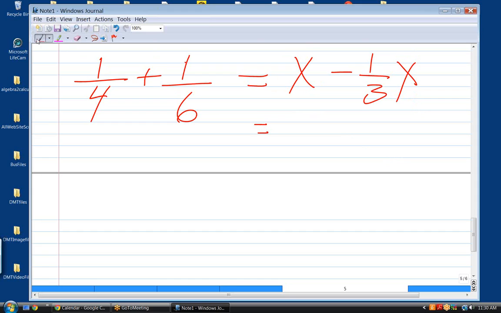Well, you want to find a least common denominator, right? Right now, there is a 1 under that, but I need its denominator to be a 3. So how can I write this term so that it has a denominator of 3? Because that's the only way I can add or subtract stuff.